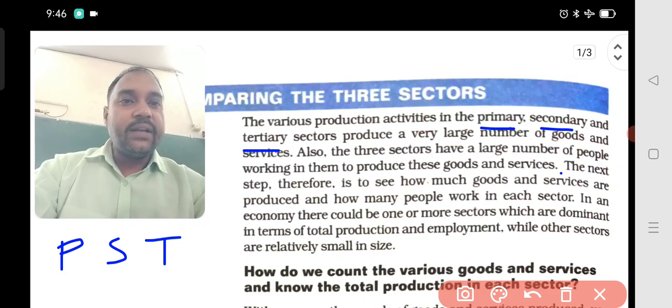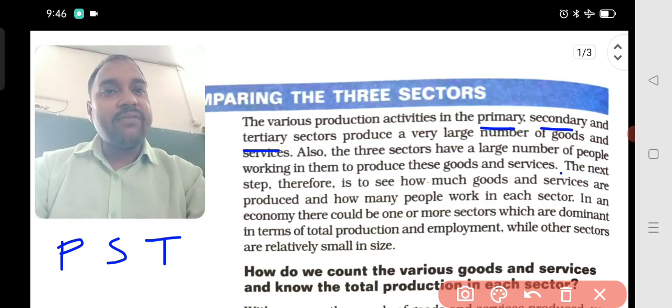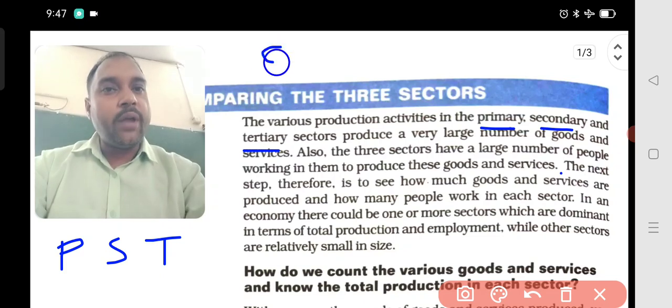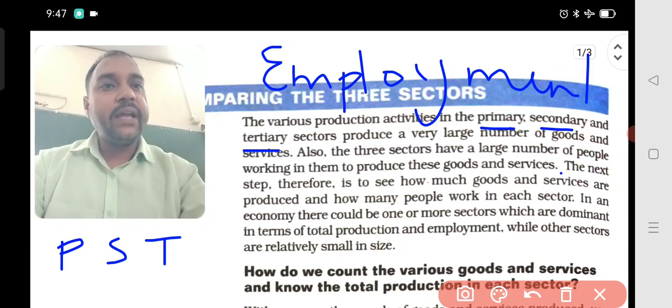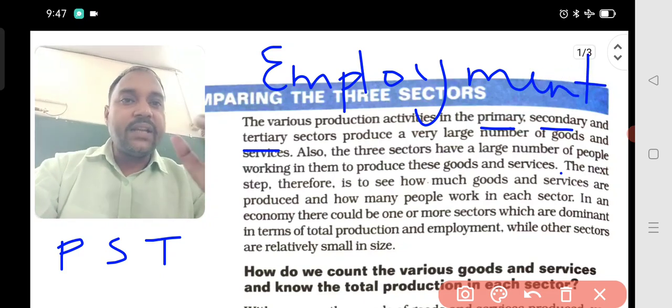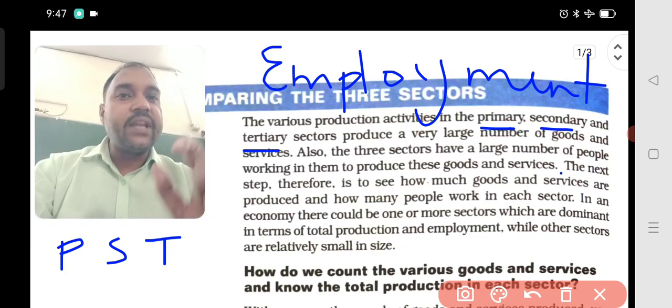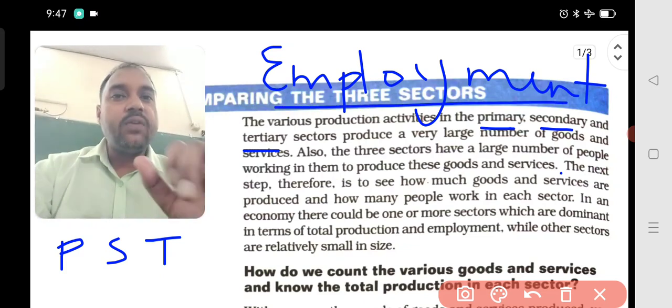They required labor, and in terms of labor we can say that there is a requirement of another factor called employment. Employment in the three sectors. All three sectors require labor force, or we can say employment, for the production of goods and services.